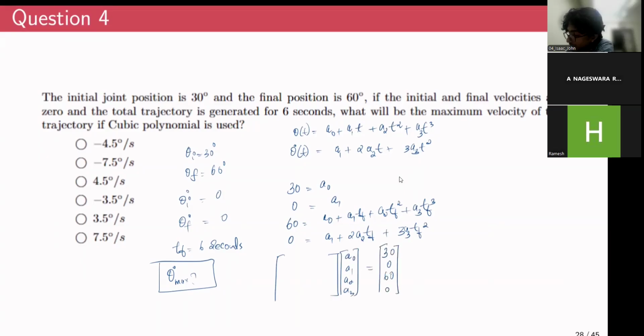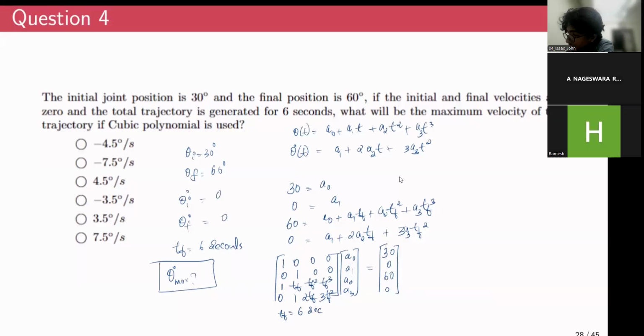And the coefficient matrix would look something like 1, 0, 0, 0, then 0, 1, 0, 0, then 1, tf, tf square, tf cube, then 0, 1, 2 tf, 3 tf square. So we know tf is 6 seconds.